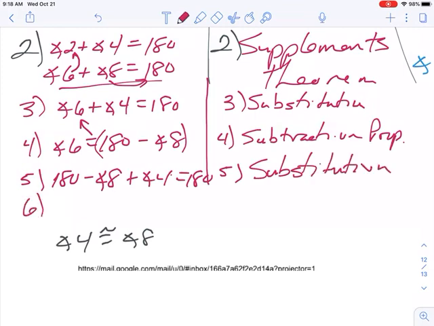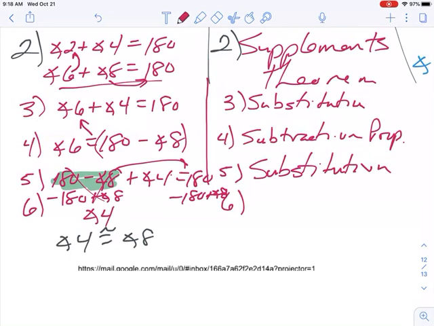And then I'm going to move these two things over to the other side by subtracting the 180 and adding the angle 8. Yay, it works. And then when I do the subtraction, this cancels. I get angle 4 is congruent to, the 180s cancel out, angle 8. So that, voila, by a little, let's just call it addition property.